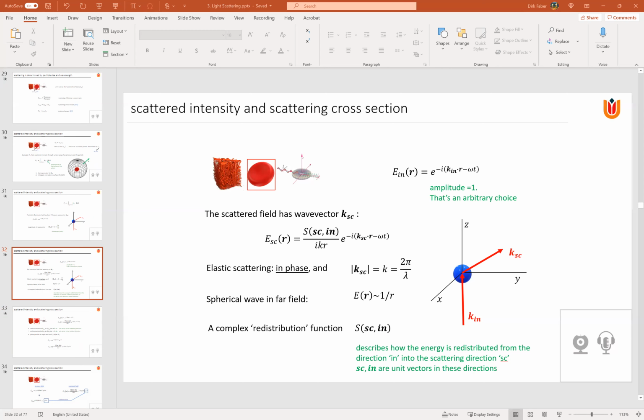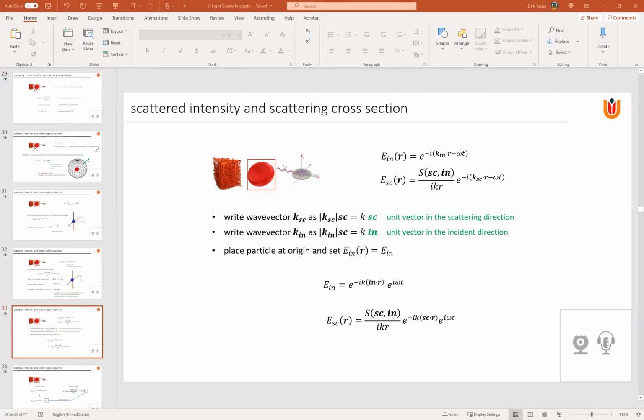The particle is here, and the scattered light is just emanating in all directions. So the amplitude of the field will decrease with 1 over r. The power will decrease with 1 over r squared. Okay. Yes. Thank you. Yeah, with the unit vectors that we had.